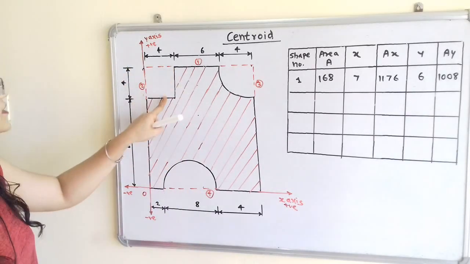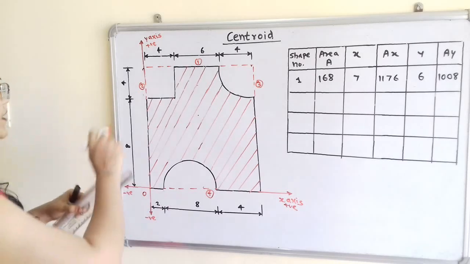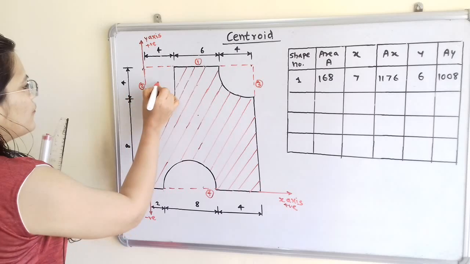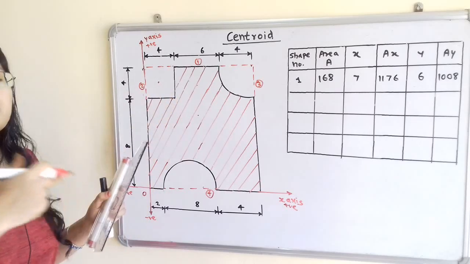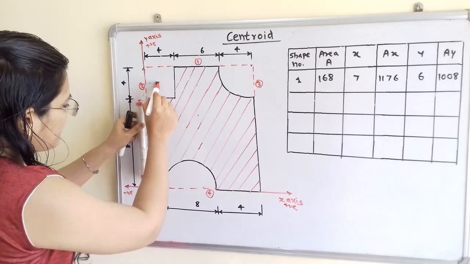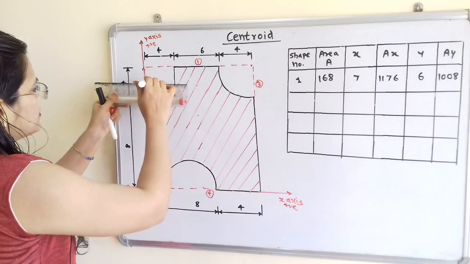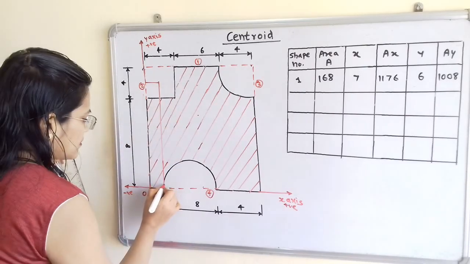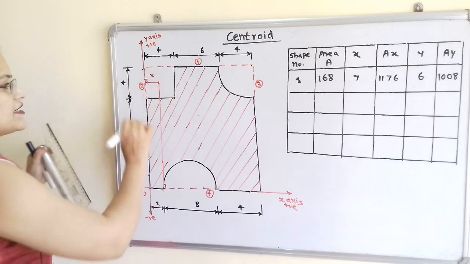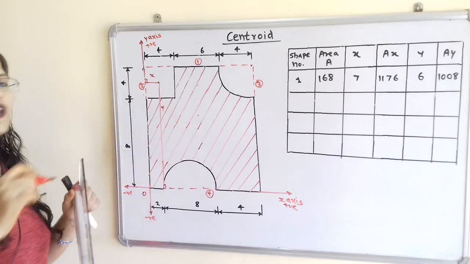Now we will move to the next shape, number 2. So here this is the small rectangle. So first step is to select the center point. So it's having length 4 and height is also 4. So center line is this. Second step, to drop perpendicular on x axis and y axis. So we will drop here perpendicular. Now this perpendicular line is horizontal and this is the value of x, and this vertical perpendicular line is the value of y.